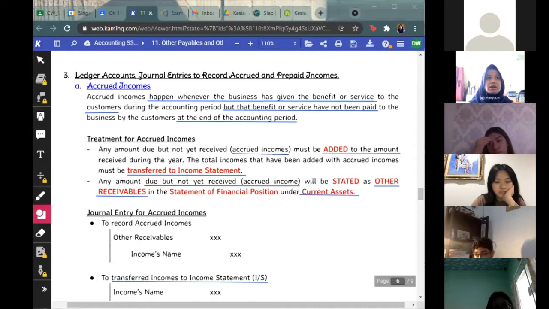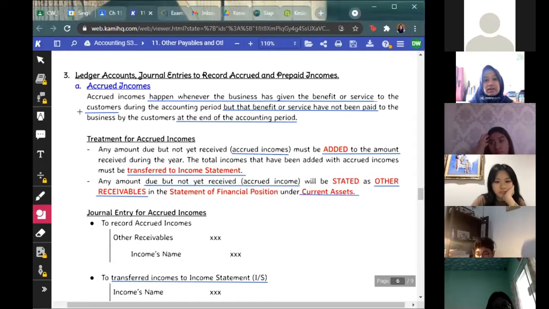What is accrued incomes? The word accrued means the same with expenses, yeah? It means that it happens whenever the business has given the benefit or service to the customers during the accounting period, but the benefit or service have not been paid to the business by the customers at the end of accounting period.